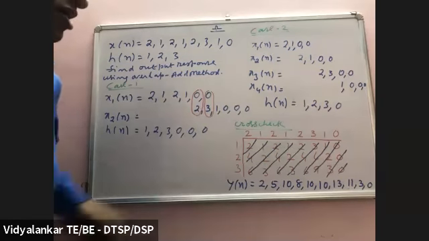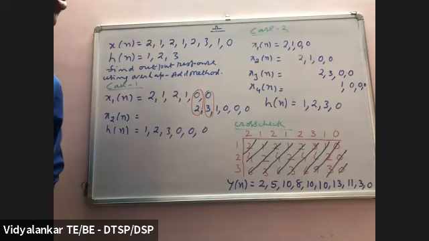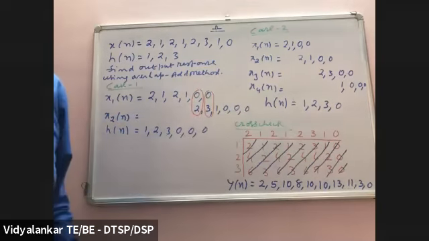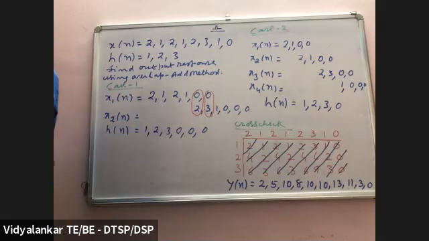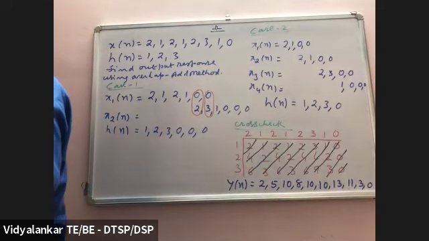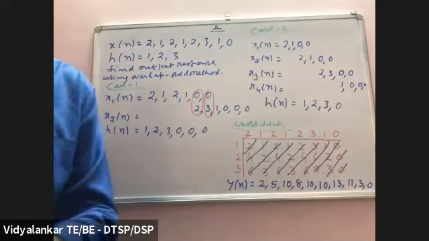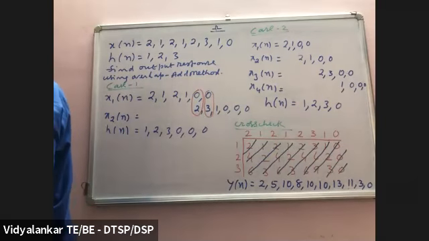Whatever we have done today in this overlap add method, those are MCQ questions. Next week starting I will do it, so that whatever questions can be asked, you can easily do. Similarly, whatever topics I have taken, next week starting I will do all the MCQ questions.